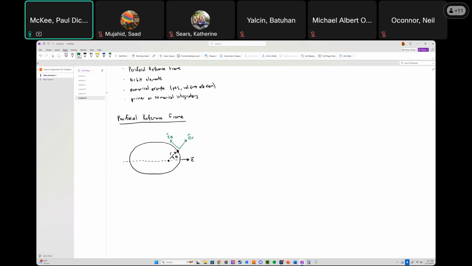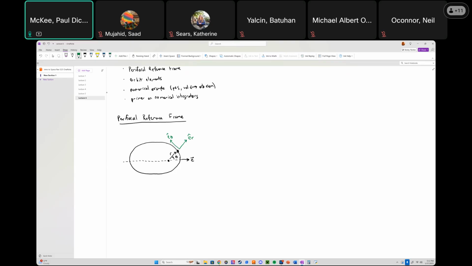So your position is guaranteed to be all in the e_r direction. e_theta is in the direction of increasing true anomaly. So as theta gets larger, you're going to be heading generally in the e_theta direction. Now, not always, right? You're going to have some component of your velocity along the e_theta direction and some component along the e_r direction. So then this is the orbit reference frame.